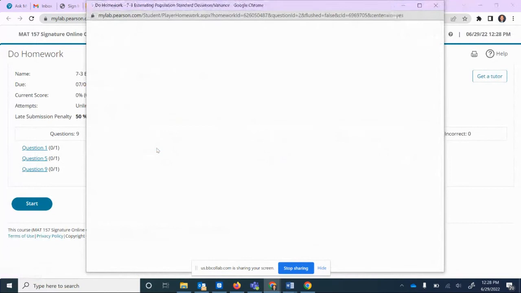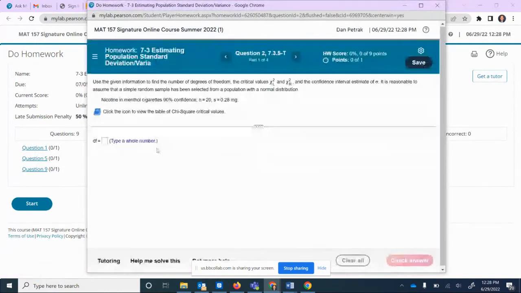Cool. All right, given that information, degrees of freedom, critical values, this is exactly what we're doing. Is it reasonable to assume that a simple random sample has been selected from a population with a normal distribution of nicotine and menthol cigarettes at 90% confidence with N equals 20 and S equals 0.28?